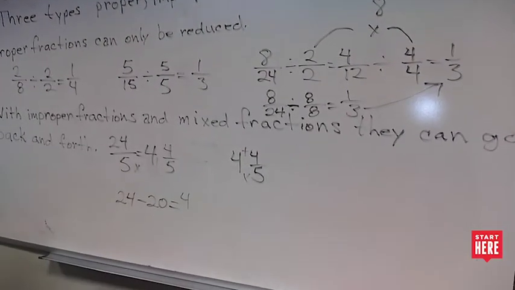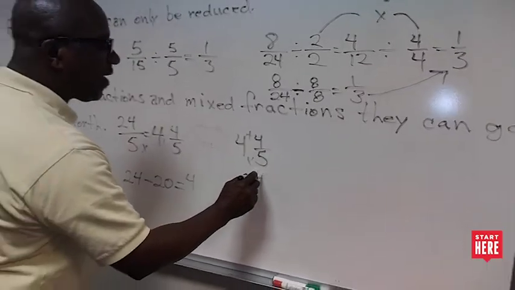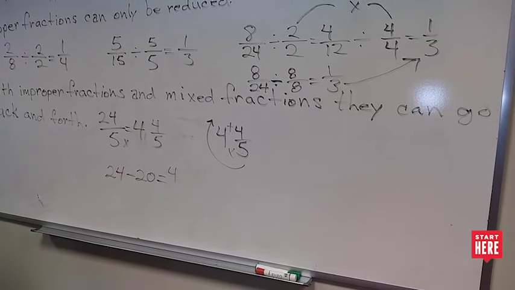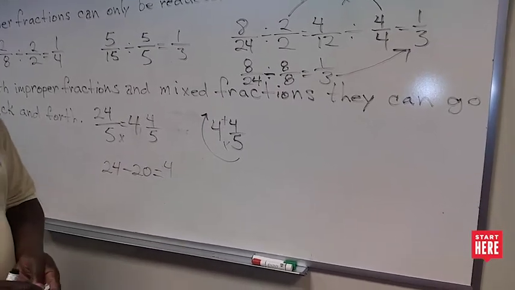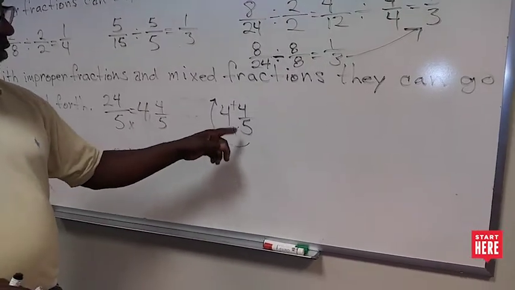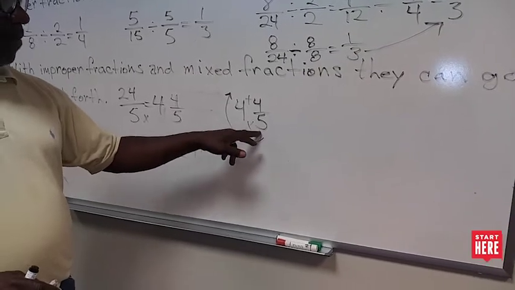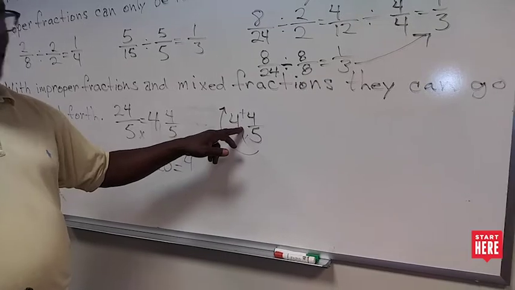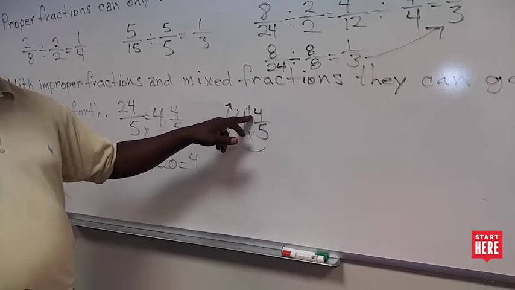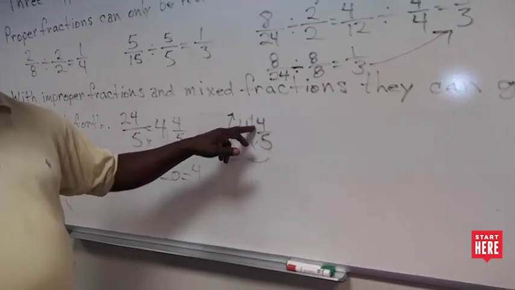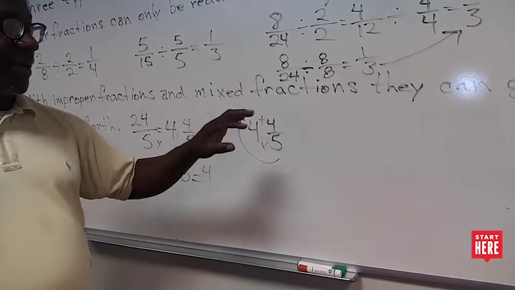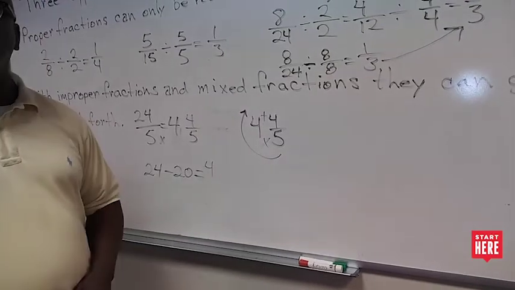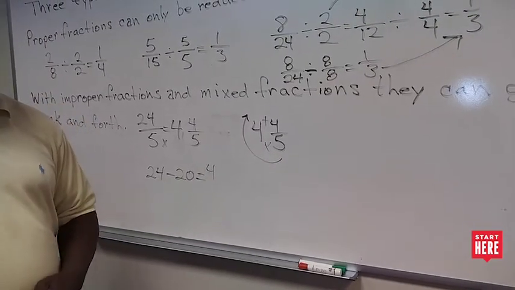When we do this process, we're always going counterclockwise. In other words, I'm going to multiply my denominator by my whole number. That product that I get, I'm going to add the numerator to it. That new number is going to become my numerator, and my denominator, which is 5, will stay the same. Let's see if it works.